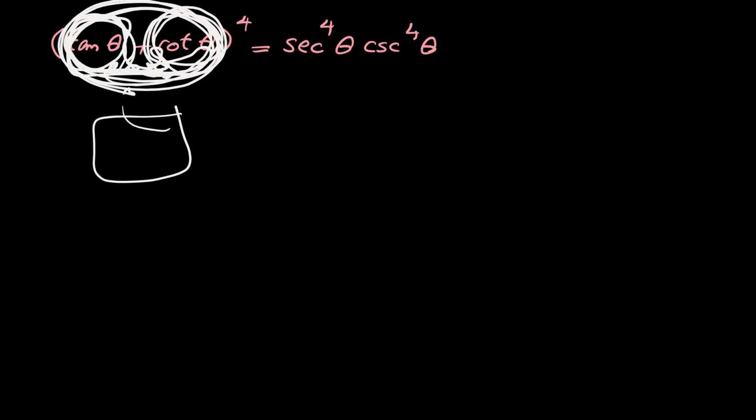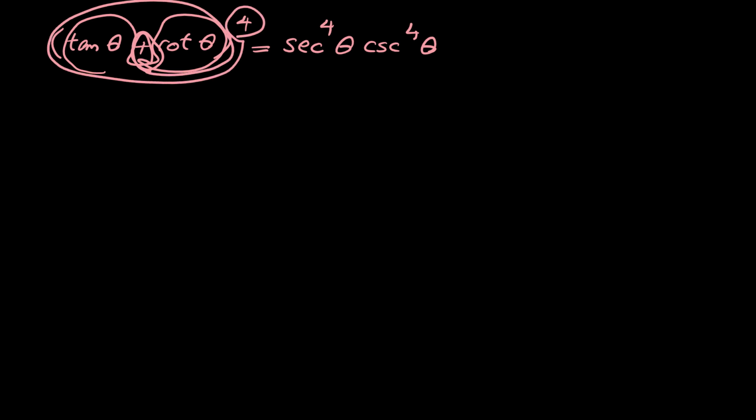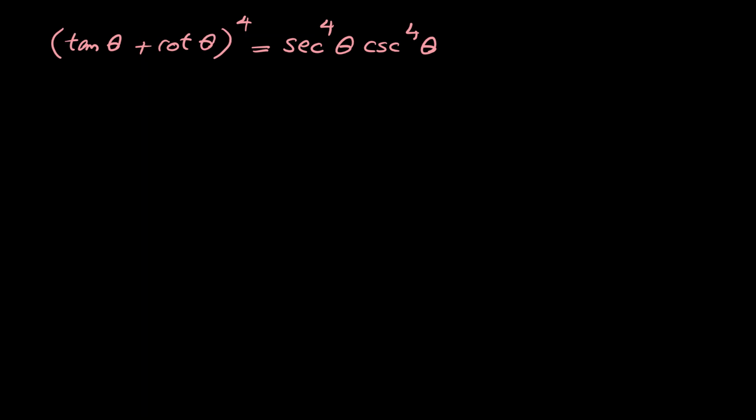Then when you have a single term to the power of 4, raising it to the 4 would probably be easier. When you have two separate terms with a plus between them, it's hard to raise to the 4. But if you can combine these two into a single term, probably it would be easier. So let's try this to see what happens.